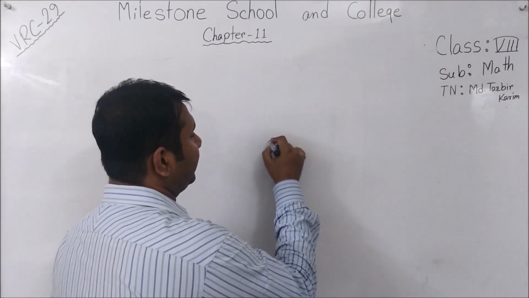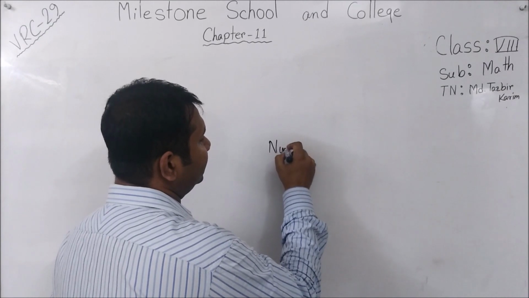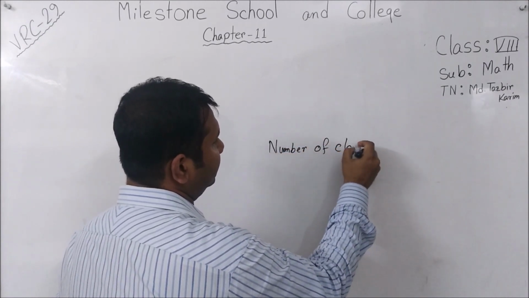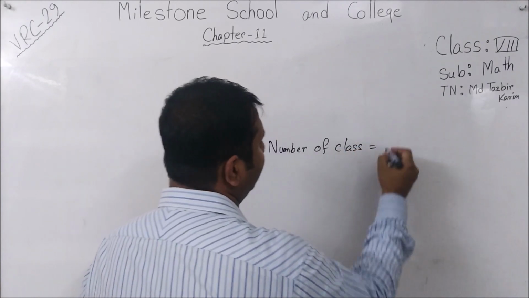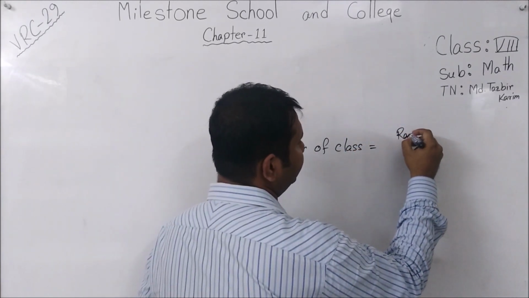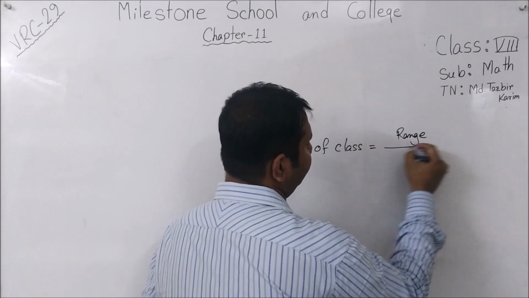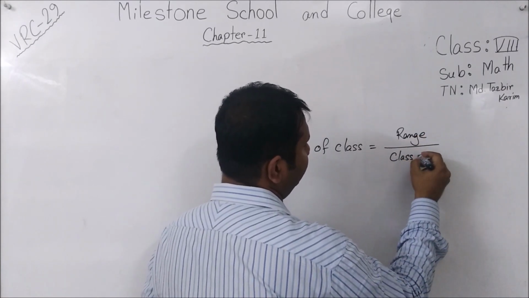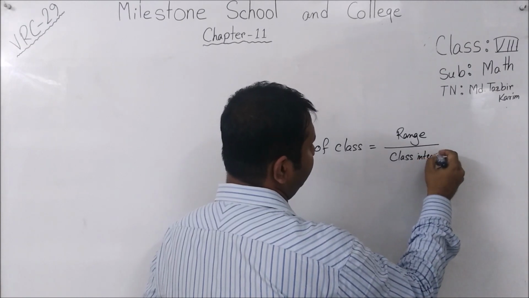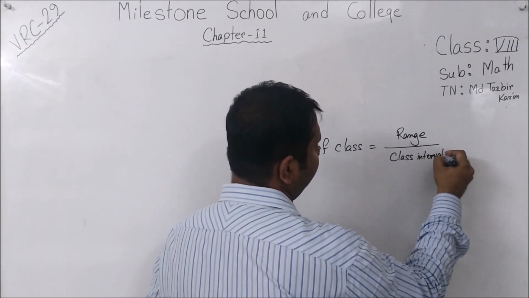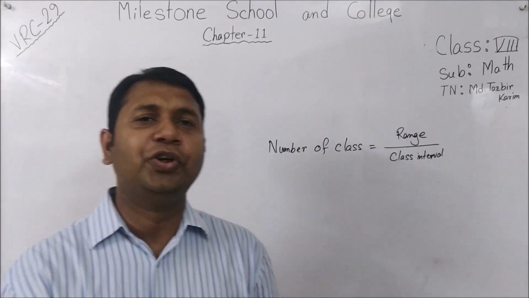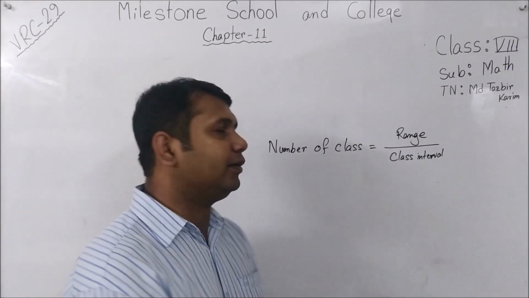That is, number of classes equals range by class interval. So this is the formula for finding the number of classes.